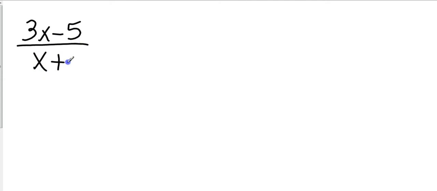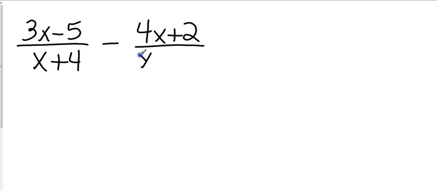Let's go 3x minus 5 over x plus 4, and we're going to subtract 4x plus 2. And again, I'm going to give you the same denominator to start out with.